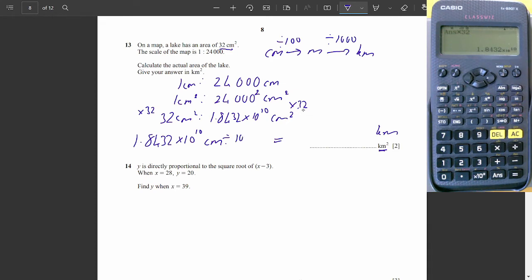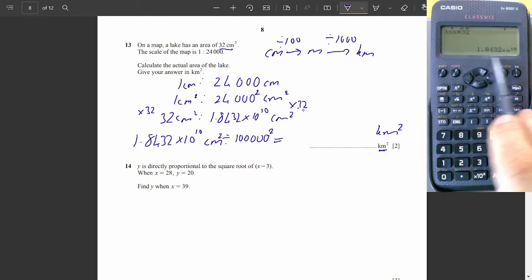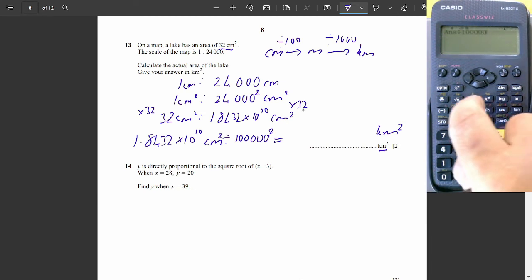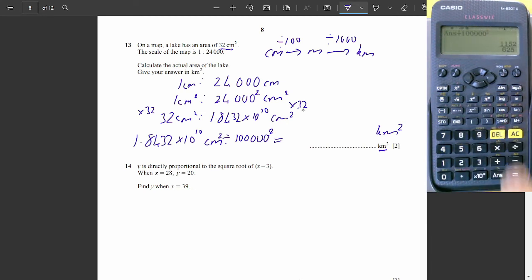So linear, we need to divide it by 100,000 when we change from centimeters to kilometers. But now, since we are doing centimeter square to kilometer square, we also need to square that amount we divide by. So we're going to take this value, still have it on my calculator, and divide it by 100,000 squared.